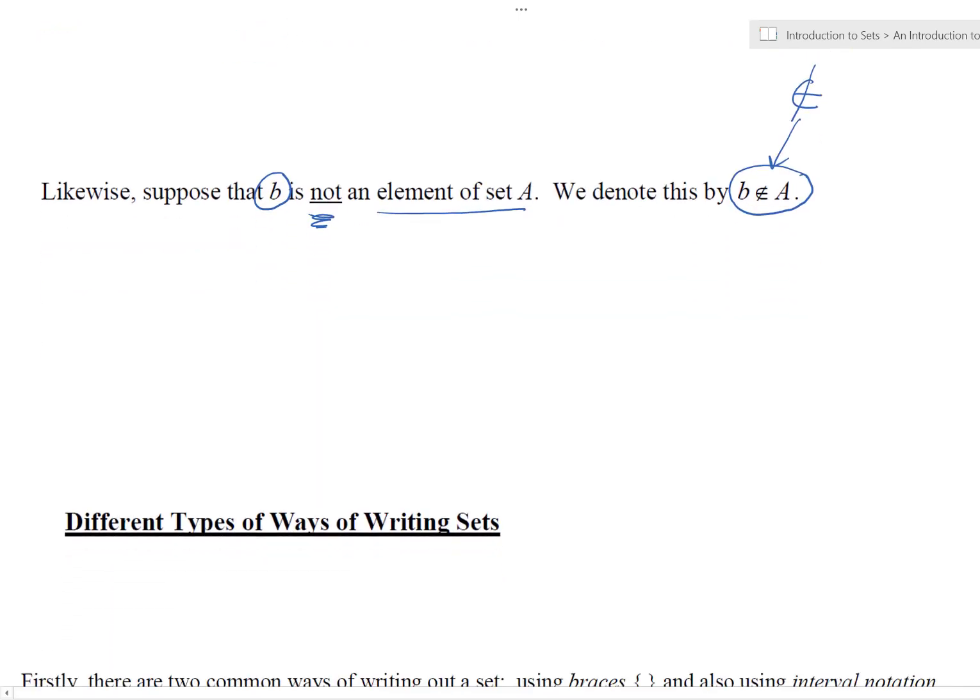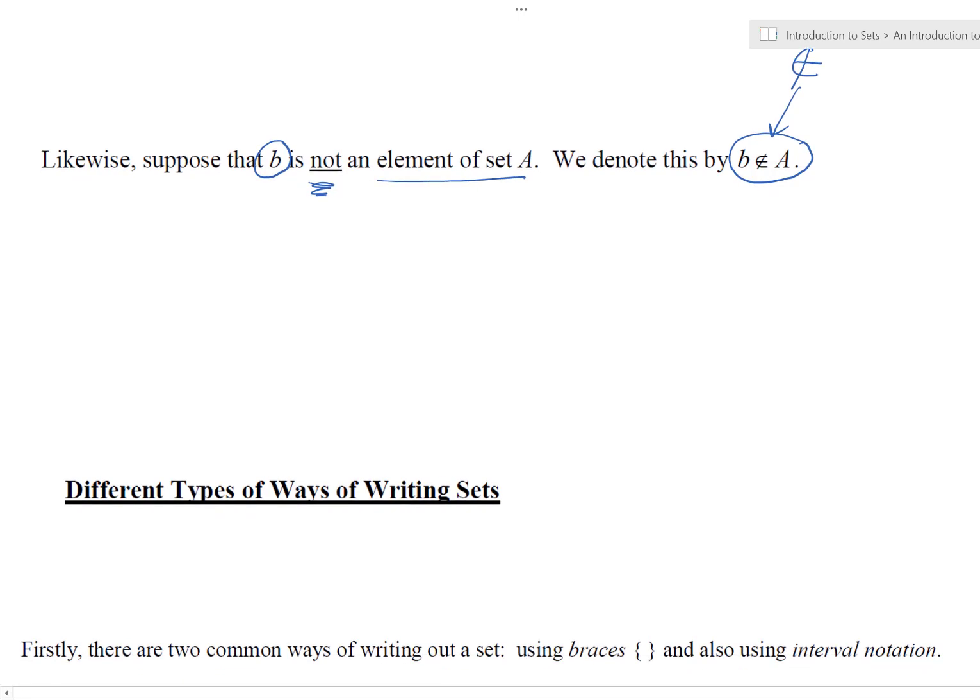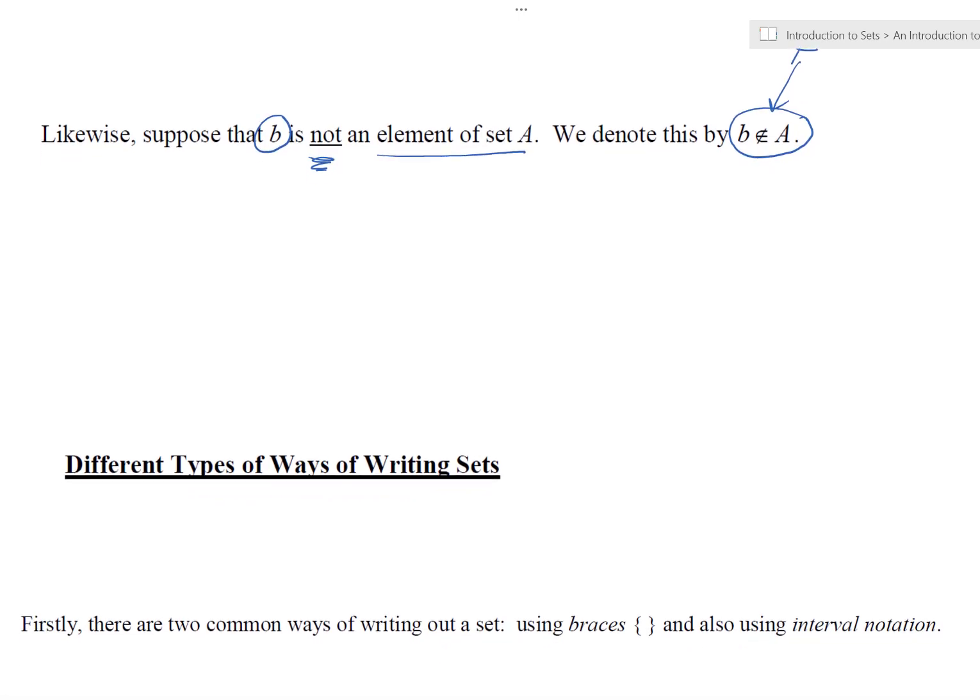Now, what are some introductory ways to write sets? Two very common ways: we either use braces, not the things that go in your mouth. These things, braces, curly brackets, whatever you want to call them. That's a way that we're going to use to write a collection of objects.